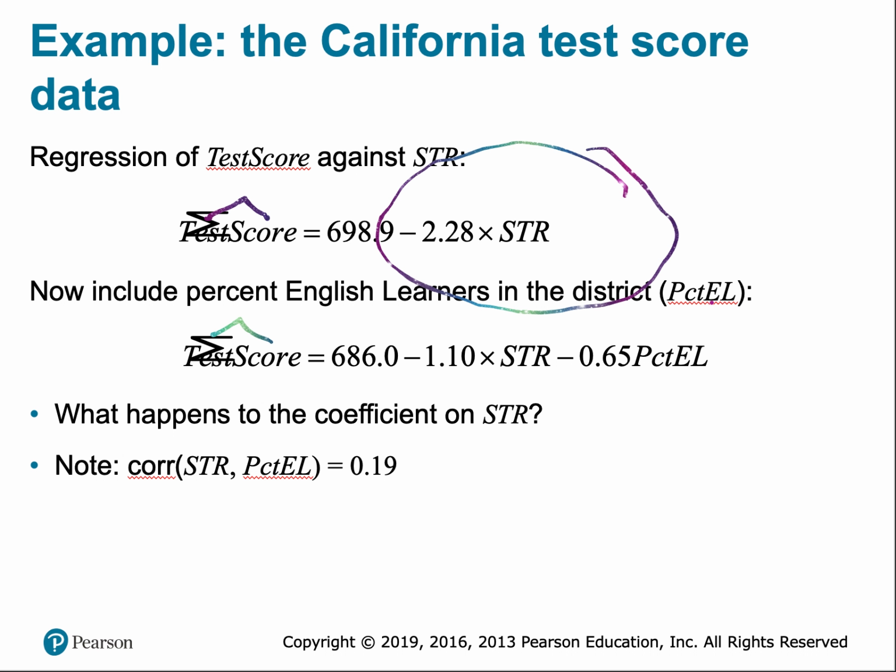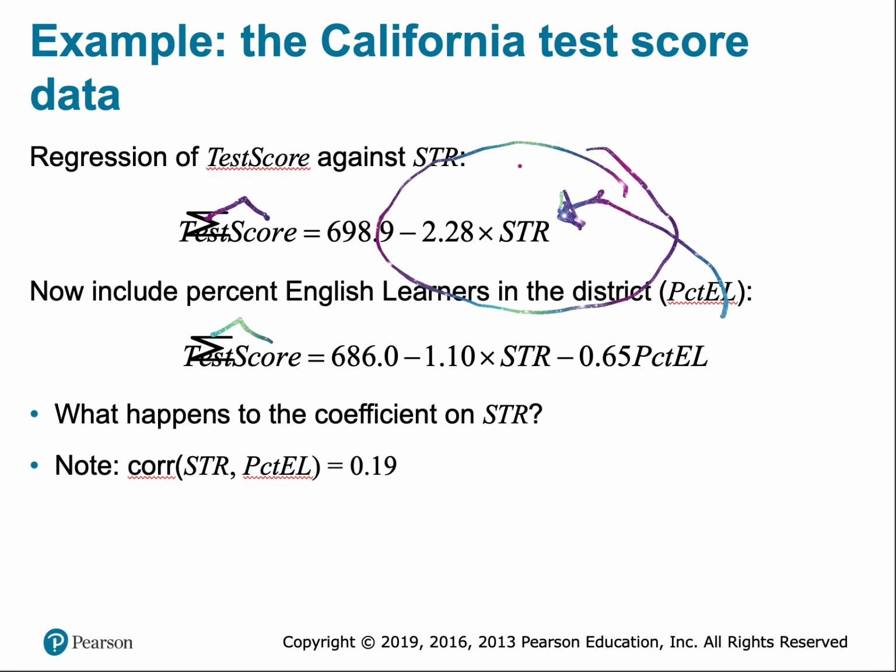You also had the confounding variable, percent of English learners, pushing that coefficient estimate higher because these things are positively correlated.